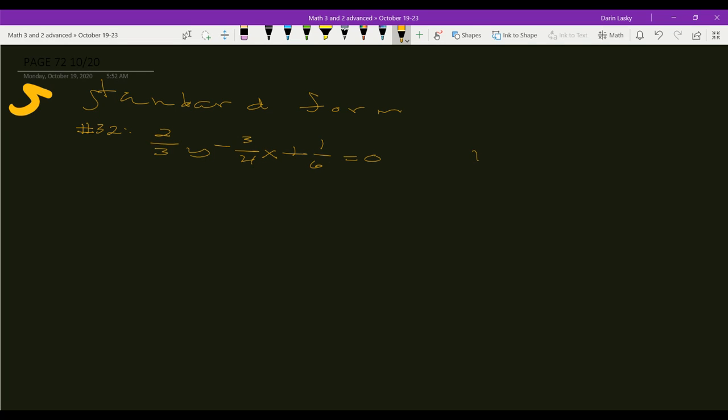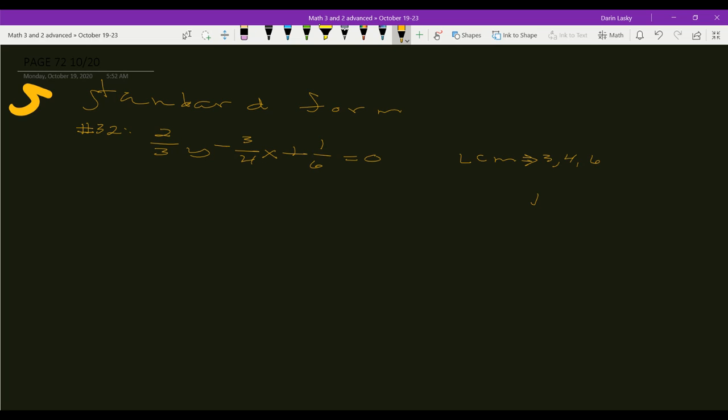So basically the idea is what number can all three of these denominators go into. So the lowest common multiple of 3, 4, and 6 is going to be 12.